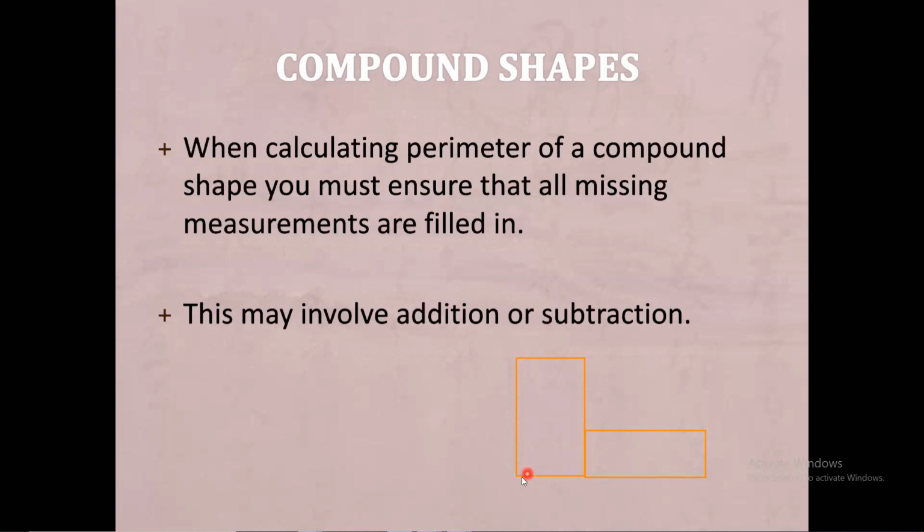And once you could walk around, then you know you are walking 1, 2, 3, 4, 5, 6, 7. And you will realize that you do not walk in the center here. So if it has a number there, you can't count that number. So compound shapes doesn't have a formula to learn.